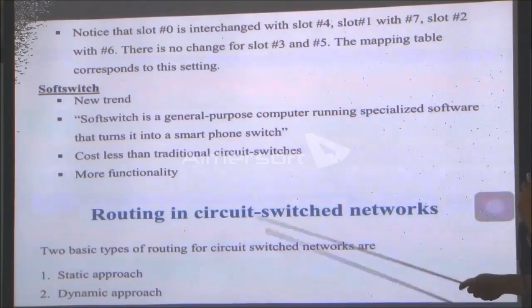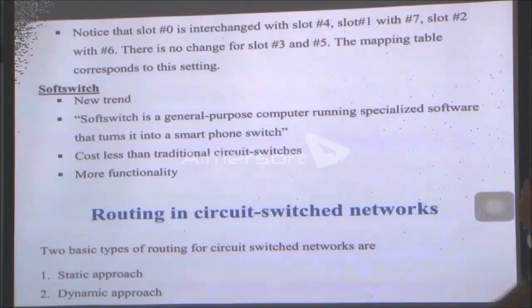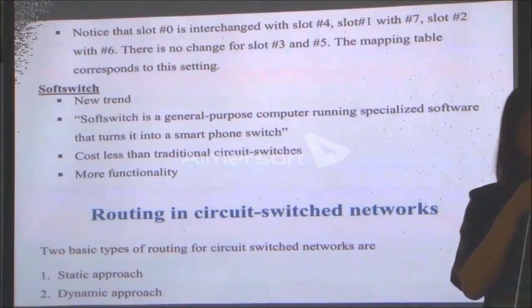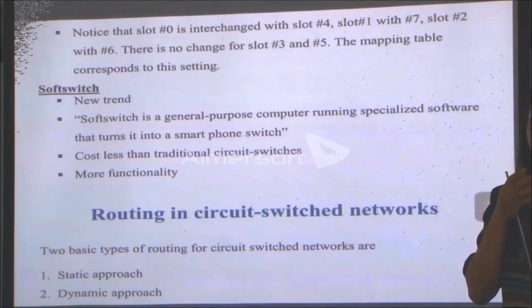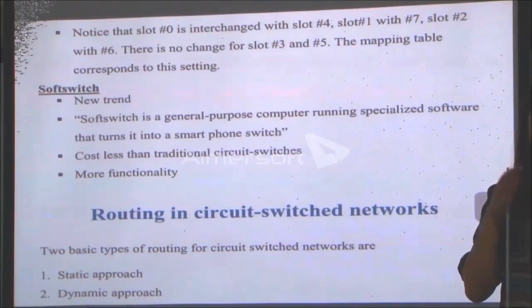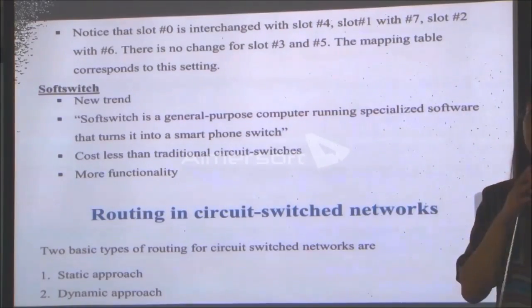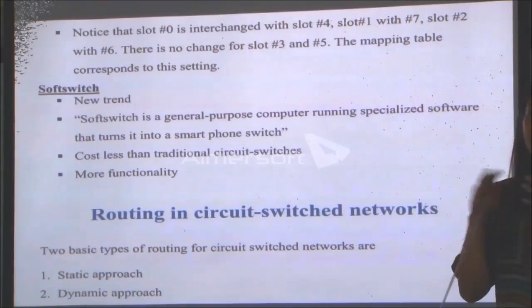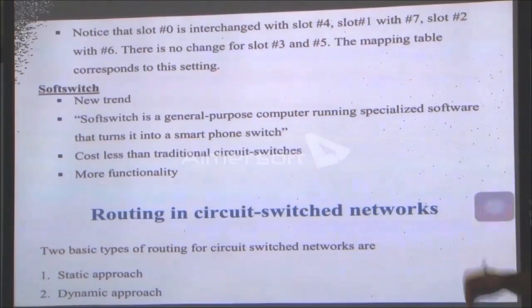Code is cheaper than the circuit switch because we don't have to build the actual mechanical circuit. We can write the program and say that if this user comes in and wants to go out, you have to switch like this. It's like a function command, something like that.